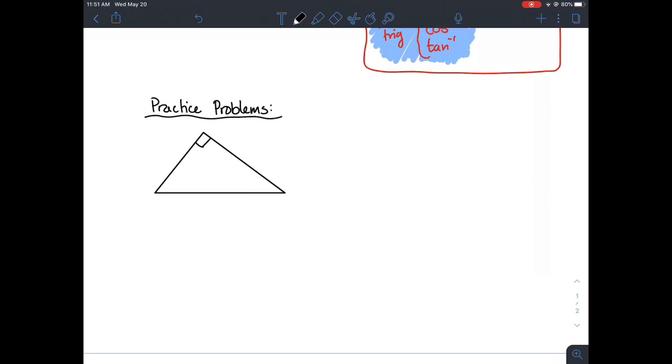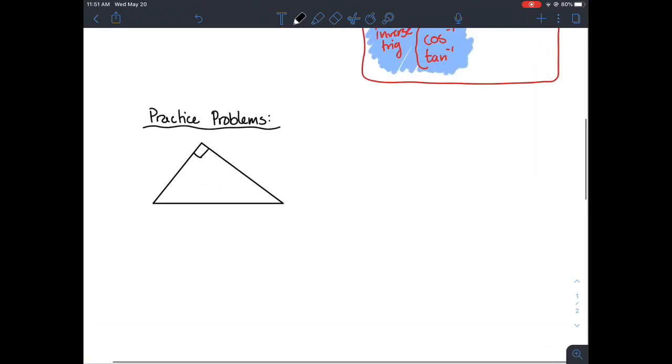So there's one right triangle. Another right triangle.